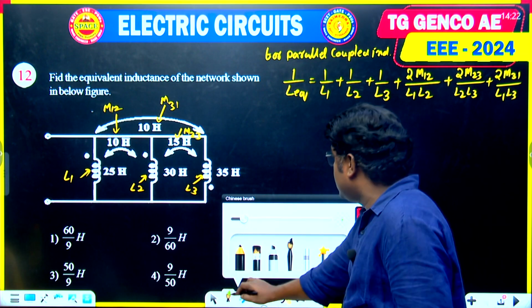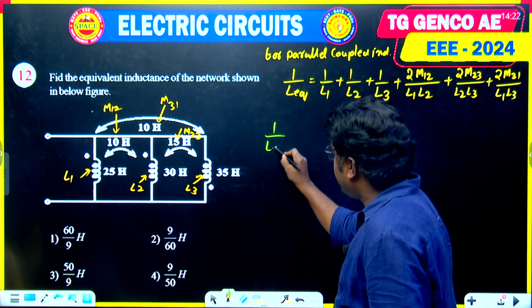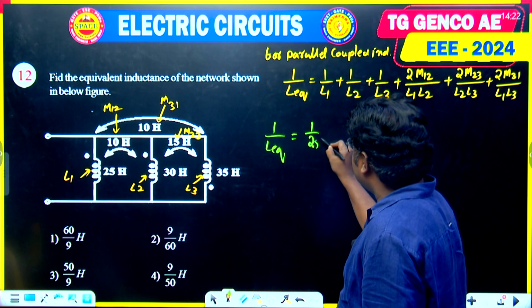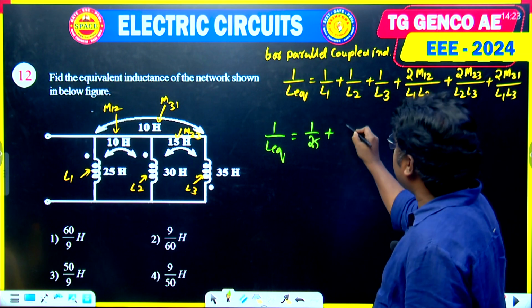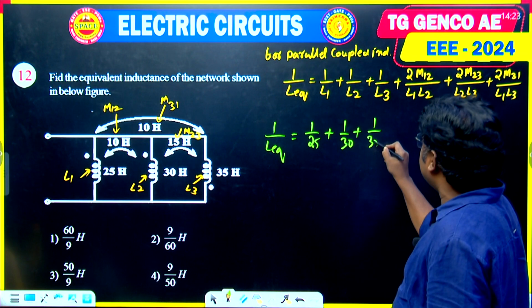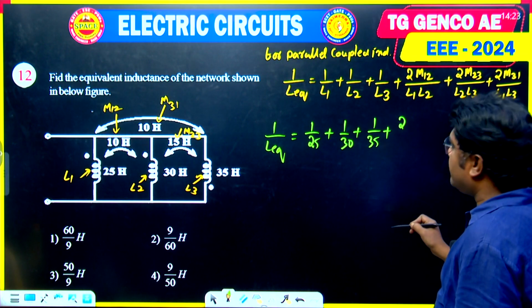So we have to find the equivalent 1 by L. 1 by L equals 1 by 25 (L1), plus 1 by 30 (L2), plus 1 by 35, plus 2 into M12.